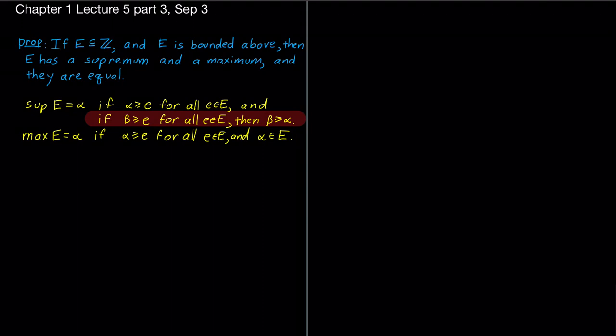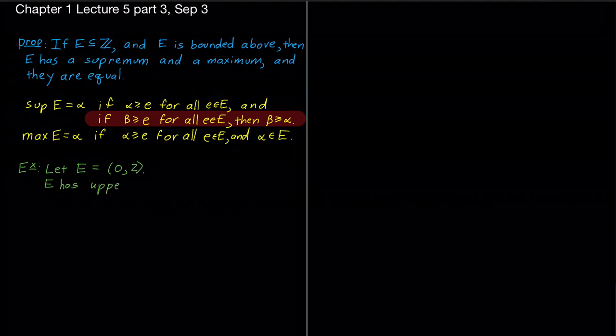And the real numbers aren't quite this nice. So let's let E be, let's say, the open interval from 0 to 2. E has upper bounds.